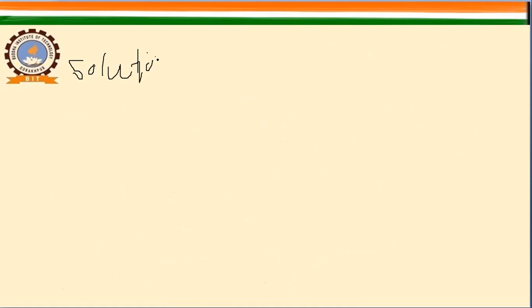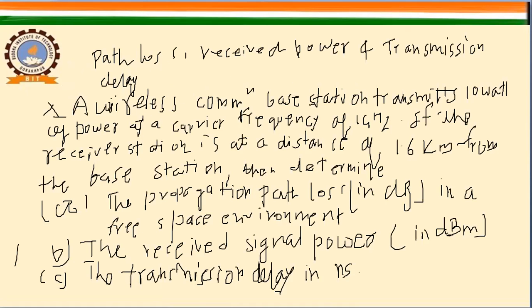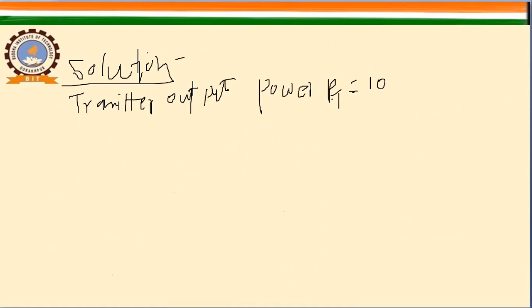Solution. The transmitter output power, that is P of T, is given as 10 watt, and we can write this as 10,000 milliwatt.